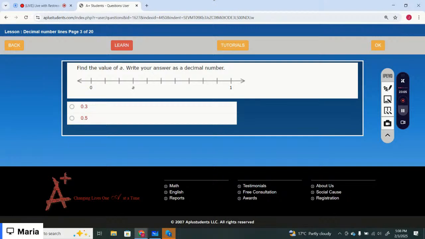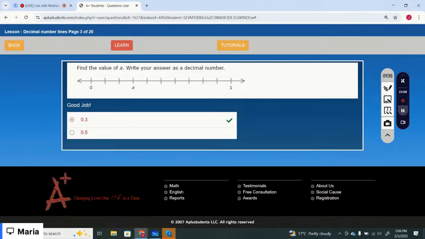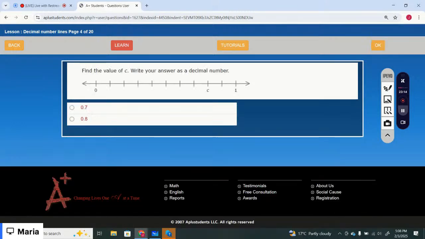Option number 1 is the correct option. Find the value of C, which is the correct option. That is 0.8. Option number 2 is the correct option.